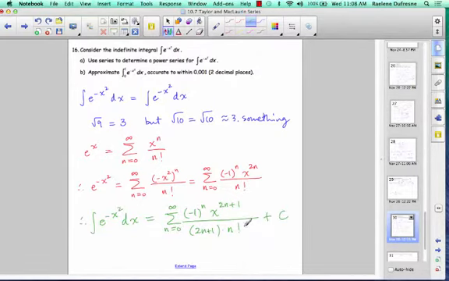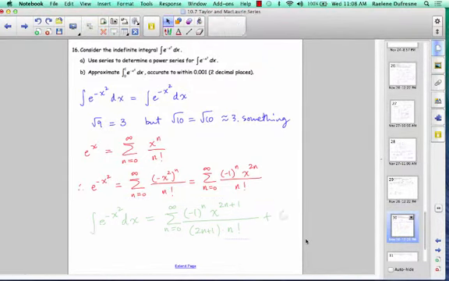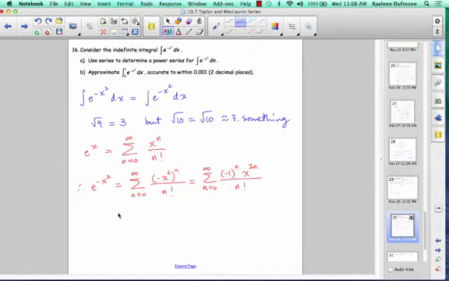It may be practical to expand this for a few terms, so what I'm going to do is look at the red series in expansion, which is going to give us 1 minus x squared. If we started off with this, it might be easier to see.